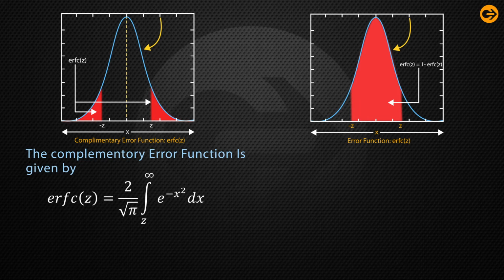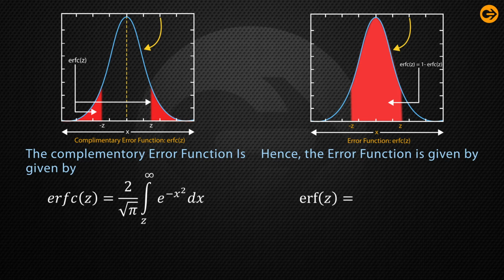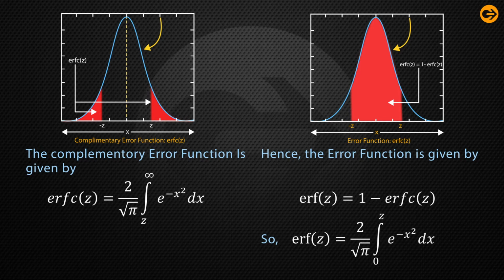Remember, in this case the range is from z to infinity. Hence the error function is given by erf(z) = 1 minus erfc(z). So erf(z) = 2 by root pi, integral from 0 to z of e to the power minus x square dx.